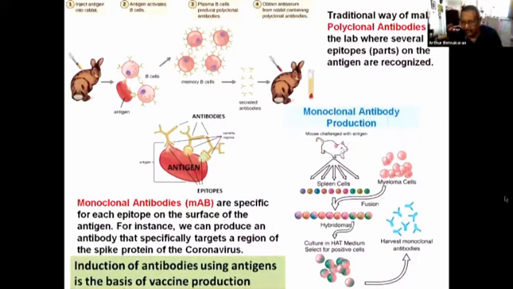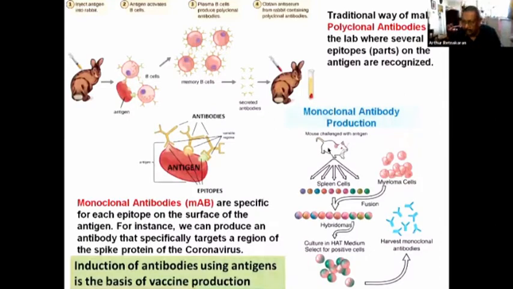So what we do is we collect the spleens where the antibodies are produced, and we macerate them and separate the cells and add a cancer cell line, myeloma cells. And they fuse, each individual cell fuses, and it forms what are called hybridoma cells. These hybridomas can be separated, and each hybridoma cell recognizes one epitope.